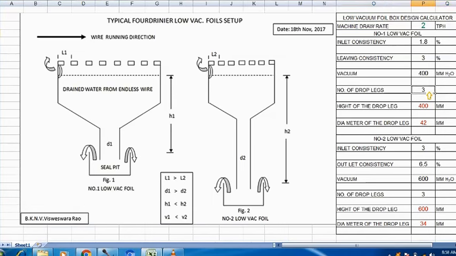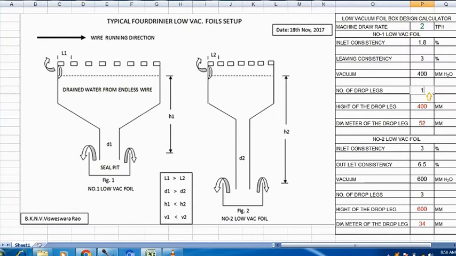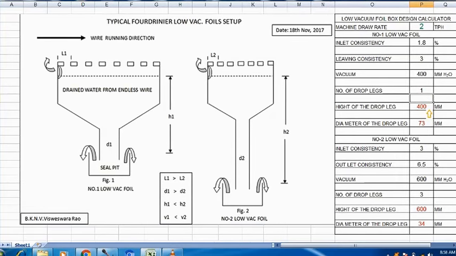We can reduce it to 2, then it becomes 52. If we have only one dropleg, let us see what will happen. Then it is a 3-inch line. A 3-inch, 400 mm line is required to drain all the water which is collected from 1.8 consistency to 3% consistency.